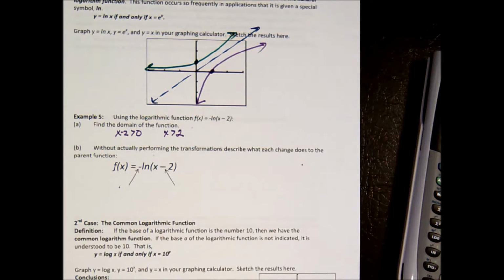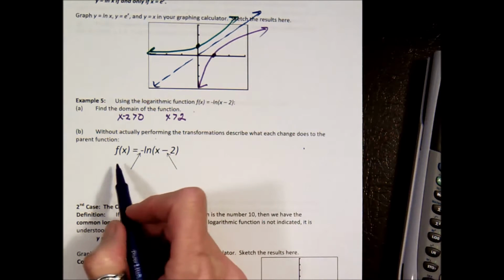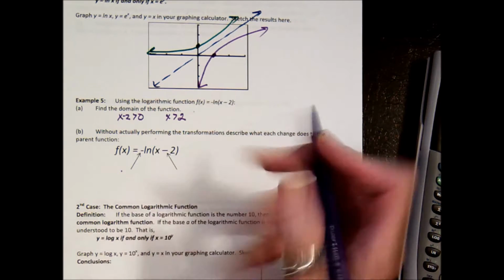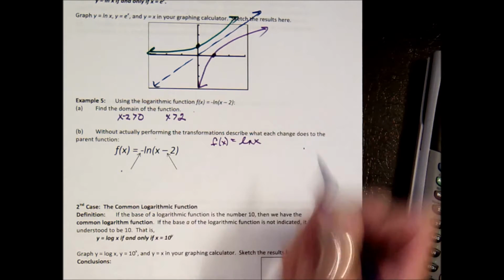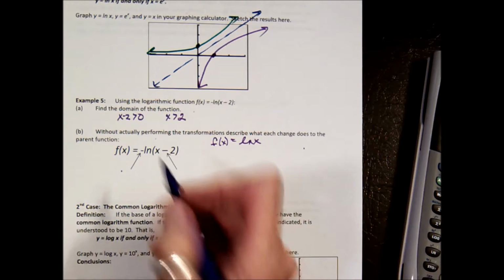Then it says, without actually performing the transformations, describe what each change does to the parent function. So let's look at this. The parent function is f of x equals ln of x. So let's look at what has happened.